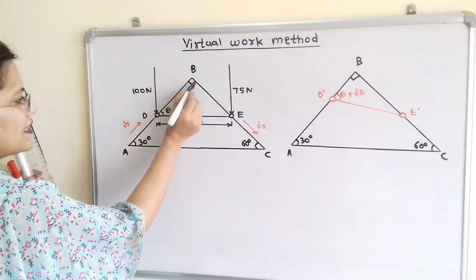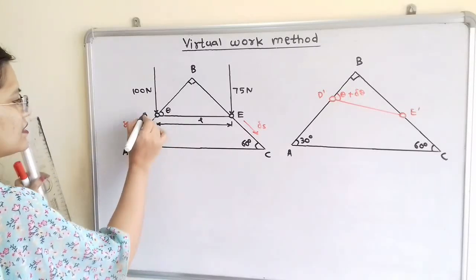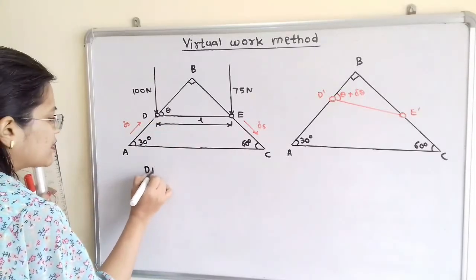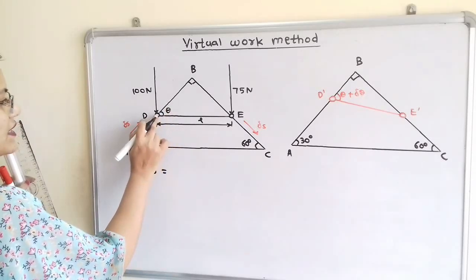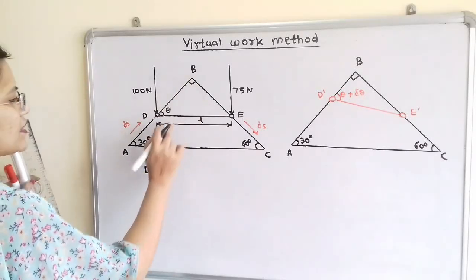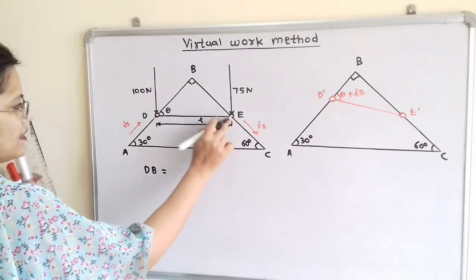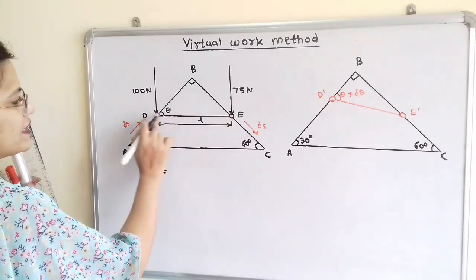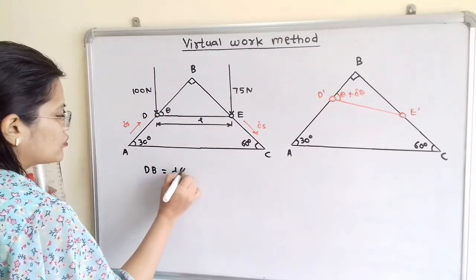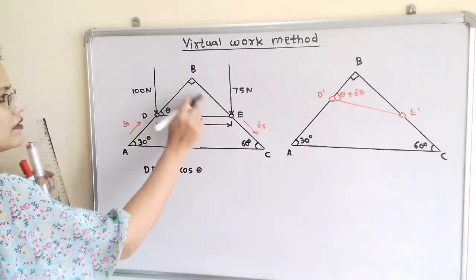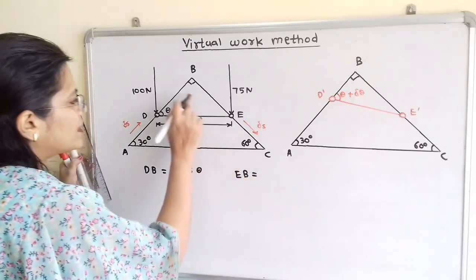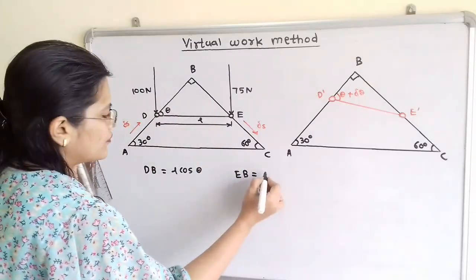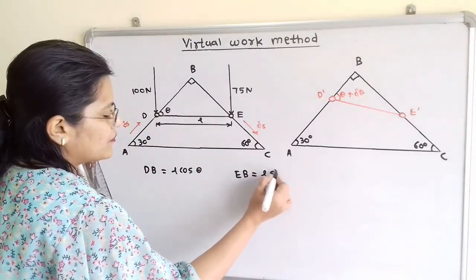Here is the 90 degree angle, and here is the angle theta. DB is adjacent to angle theta, so DB is equal to DE cos theta, that means L cos theta. EB is opposite to angle theta, so it is L sin theta.